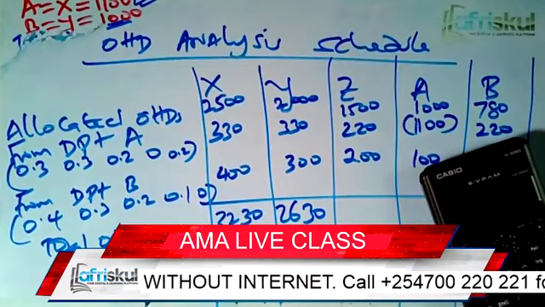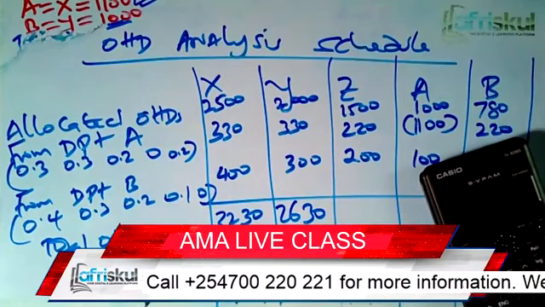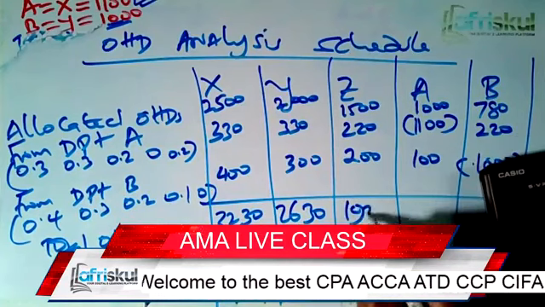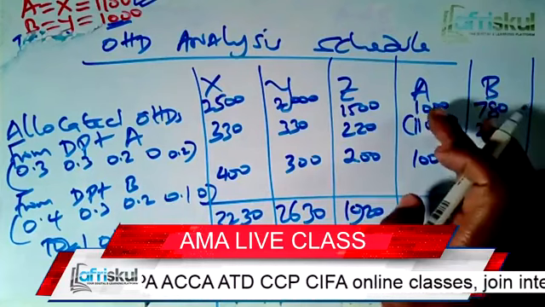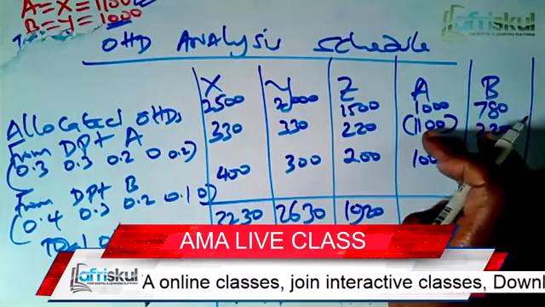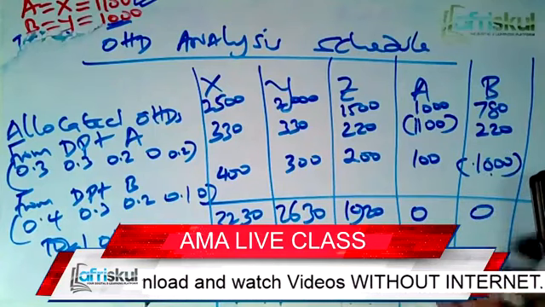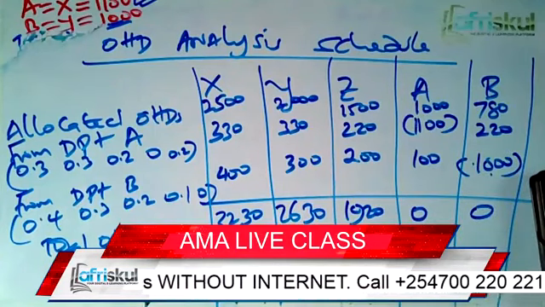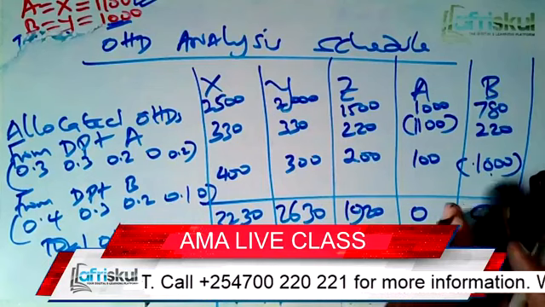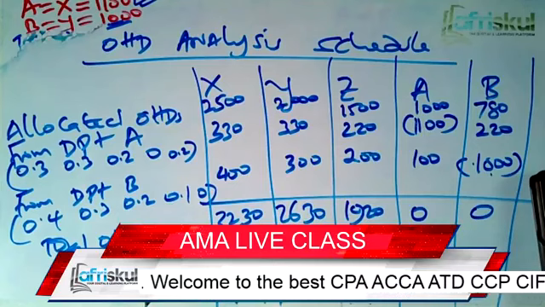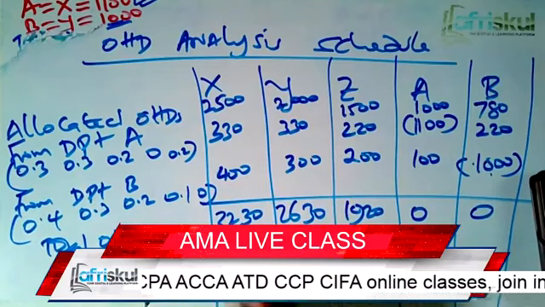Then 1,500 plus 220 plus 200 equals 1,920. This automatically will be 1,000 minus 100 minus this, that gives me 0, and the other one gives me 0. Essentially, that's what we wanted: a situation where we transfer everything from the service departments to the production departments.